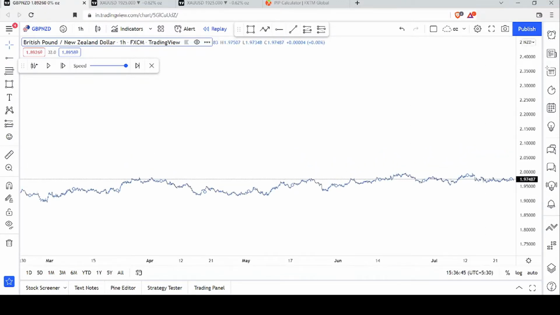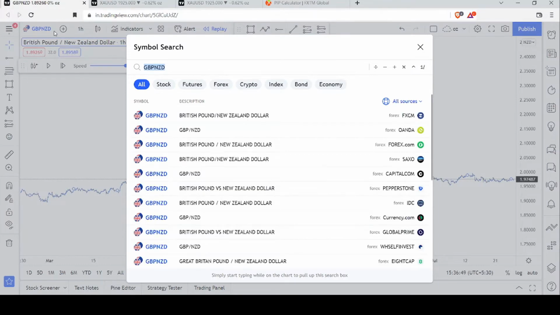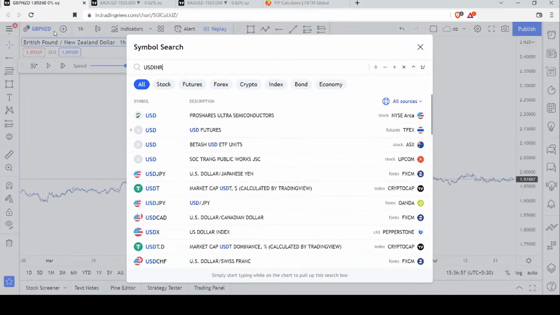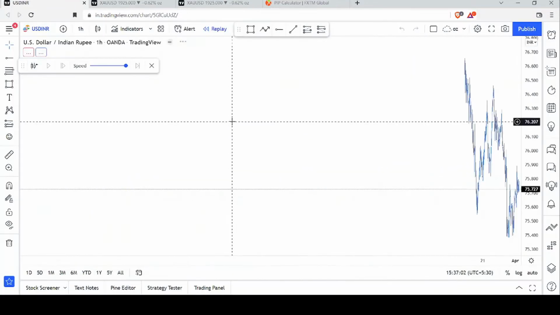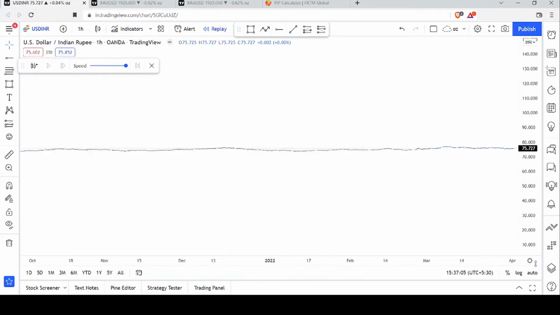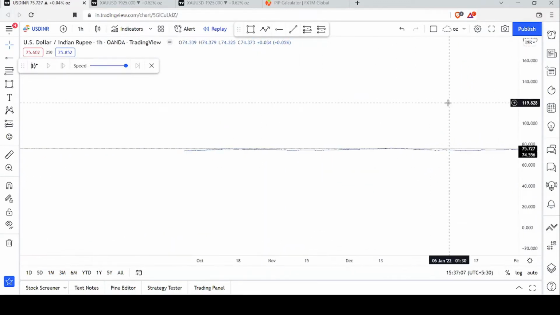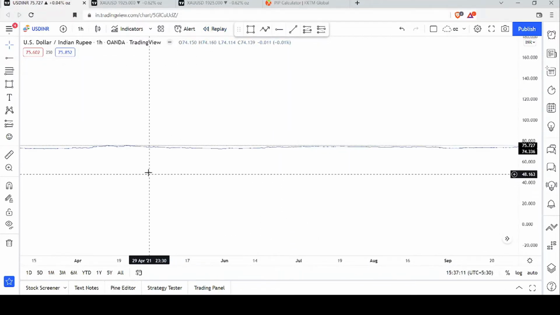Or let's just use another pair altogether. What pair can we look at? USD INR maybe. Why not? We'll just do this 1 hour chart. We'll start from, let's just play from somewhere here.